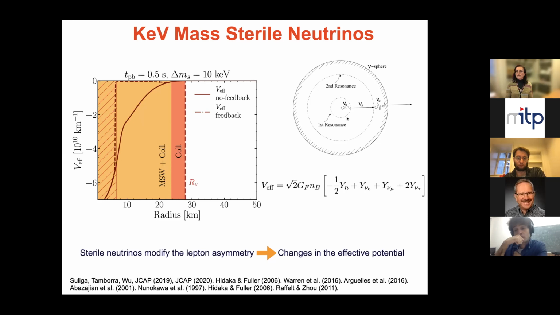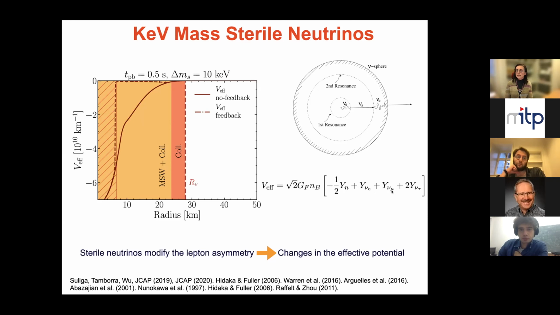So if we send some particles through MSW resonances, and those are either neutrinos or antineutrinos, we are going to modify the abundance of electrons, the Y_nu, basically the lepton abundance for the electron flavors in the supernova. Or this could be the same if we mix with other flavors.